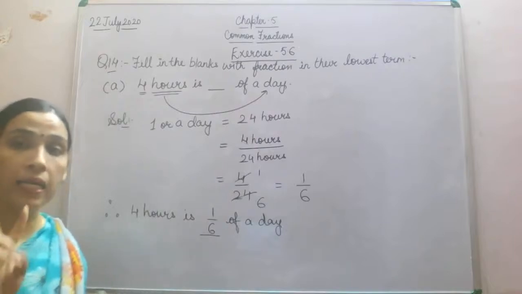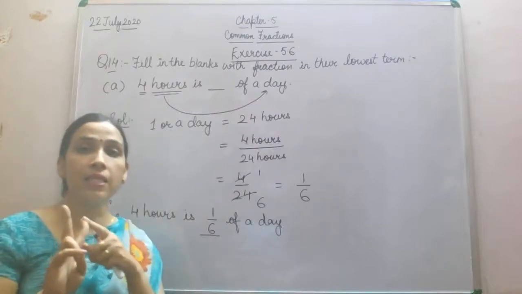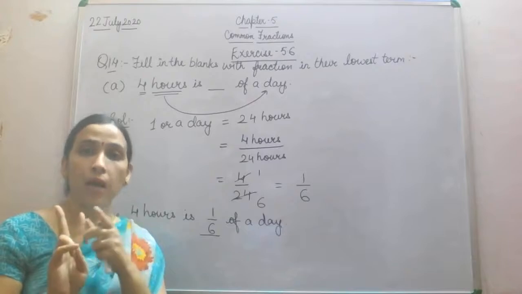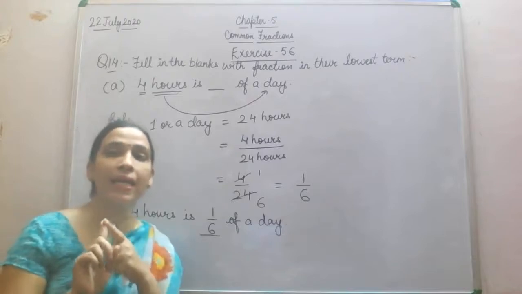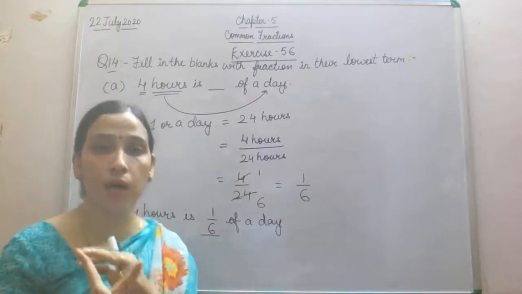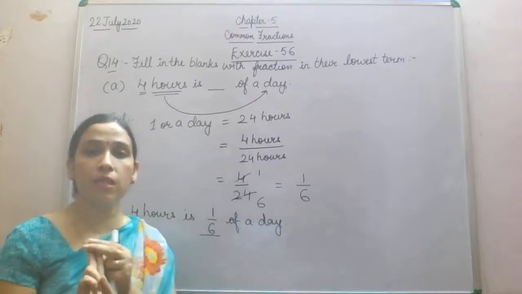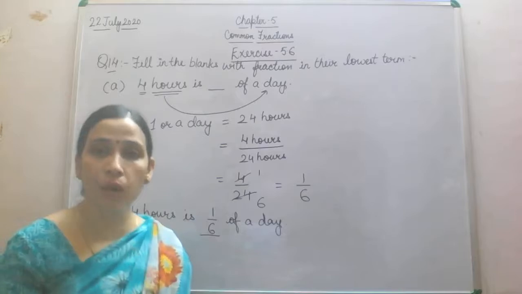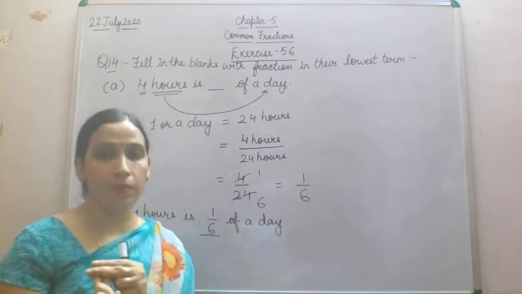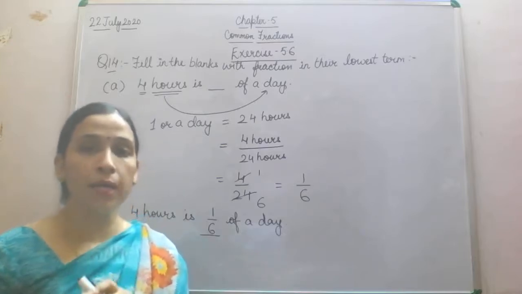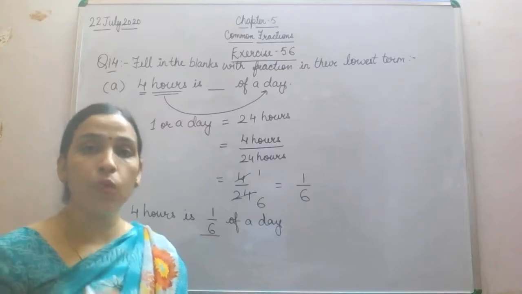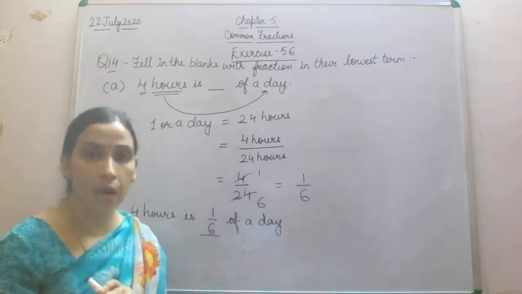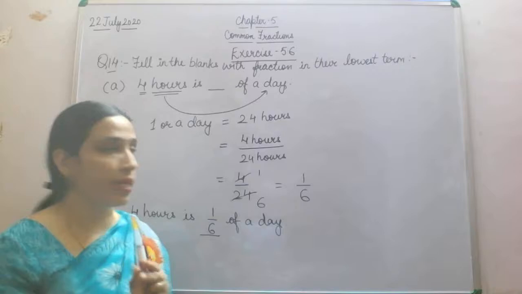You have to write a relation between hours and day. As you all are aware, one day is equal to 24 hours. That is very necessary, to find a relation between what is required and what is given, so that you can find what fraction of a day that particular number of hours will be.